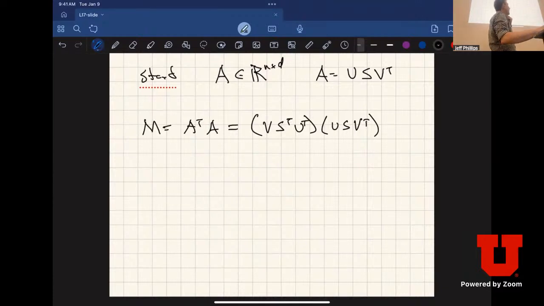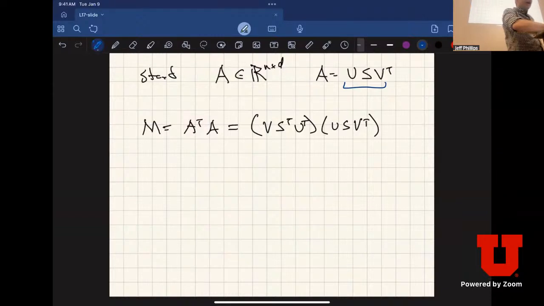If I have a matrix written as a product of three matrices and I take the transpose, what I do is reverse the order and transpose each of the terms. That's how I got A transpose as the first term here.